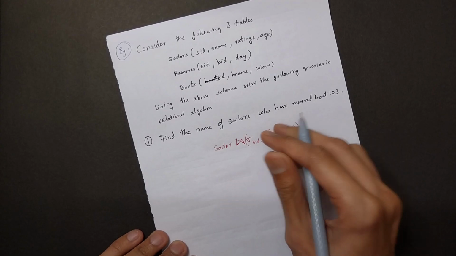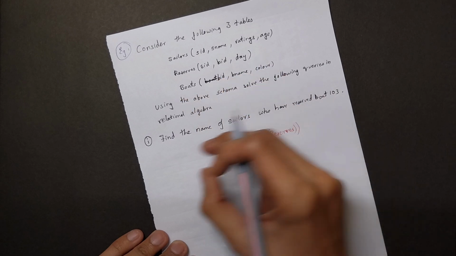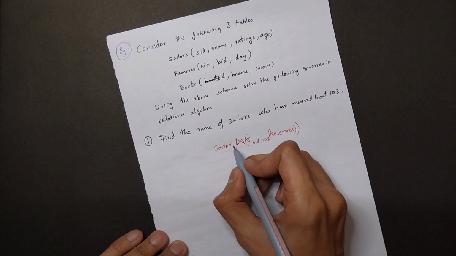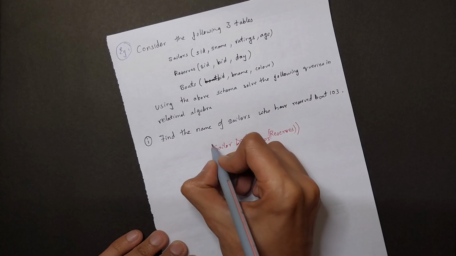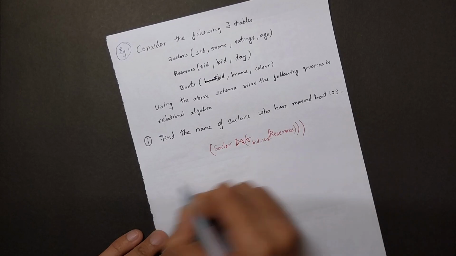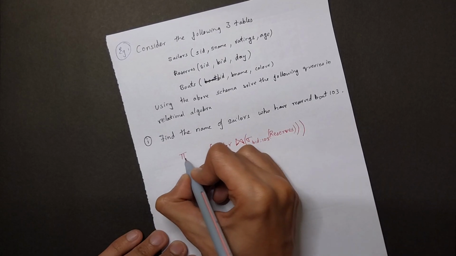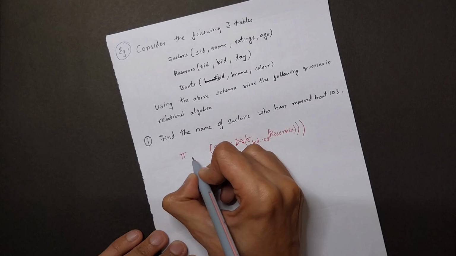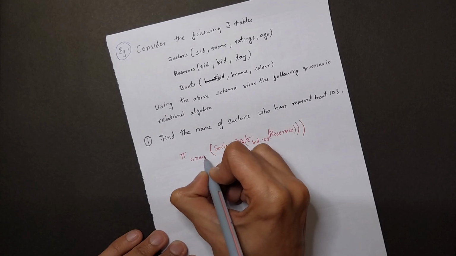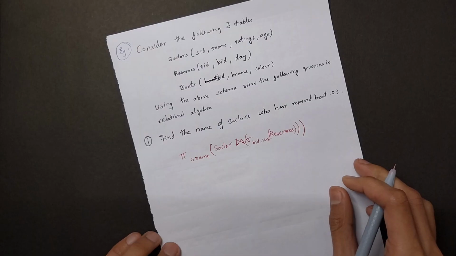Although I selected some rows of the reserves table, I have joined it with sailors. Now what I need to print is the projection. I will not print all the columns, I will only print the S name. So this is what my query looks like.